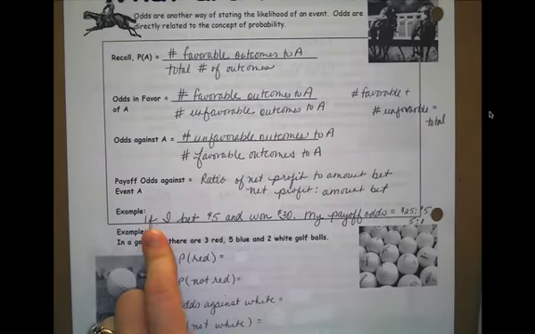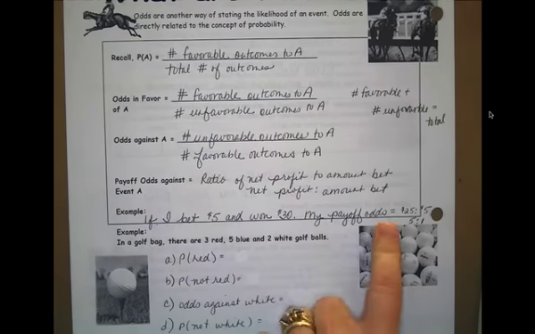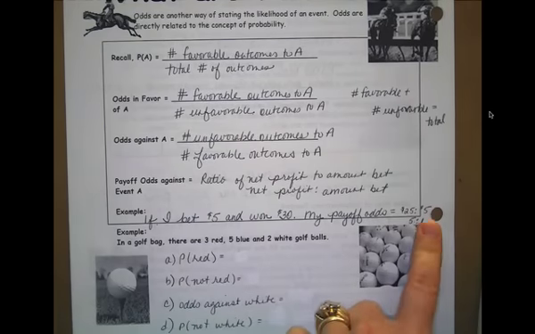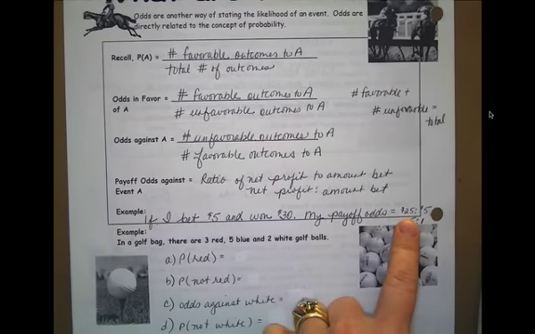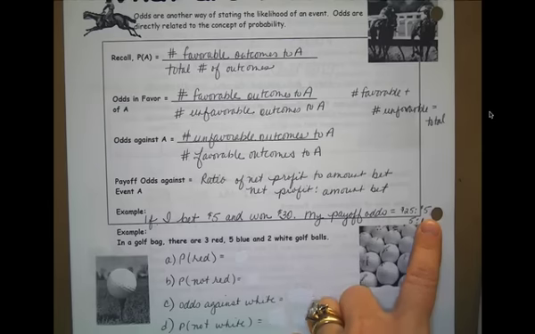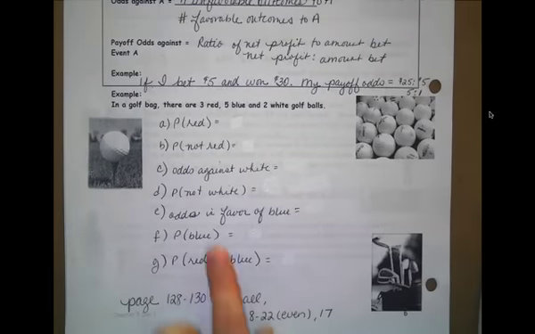An example: if I bet $5 and win $30, my payoff odds would be 25 to 5. So I bet 5, I win 30, so my net profit is 25. The amount I bet was 5. When I reduce that, I get 5 to 1. Here are some examples right here.